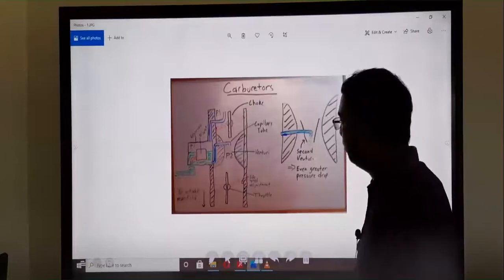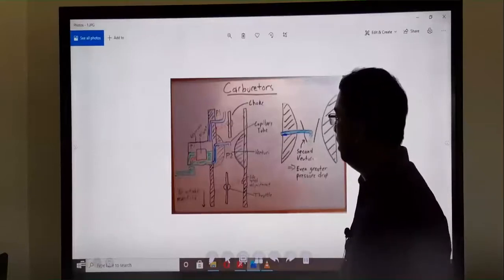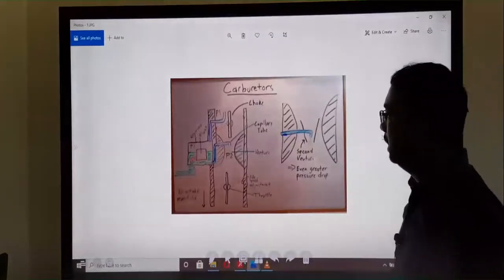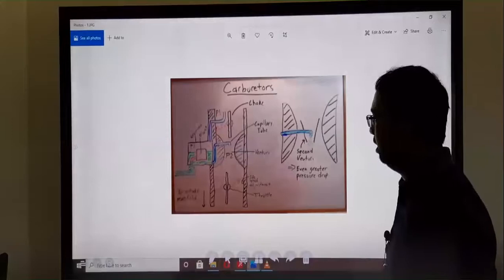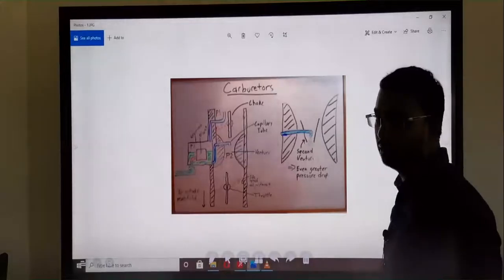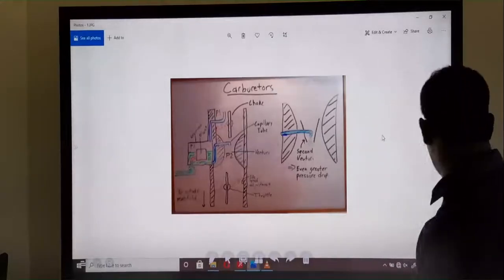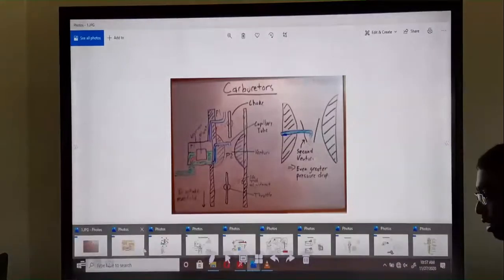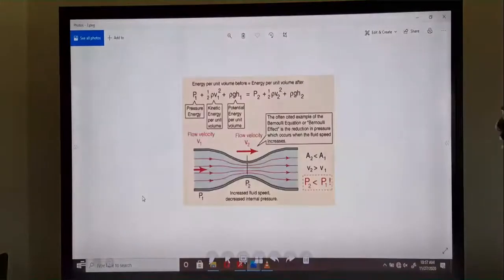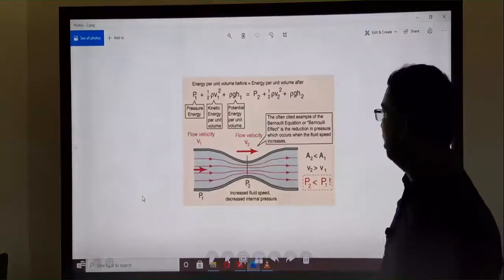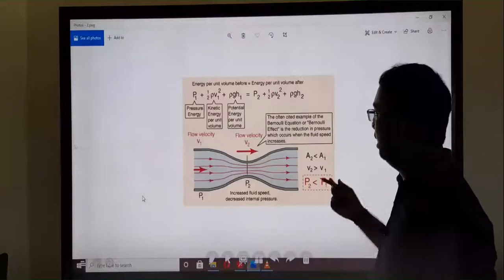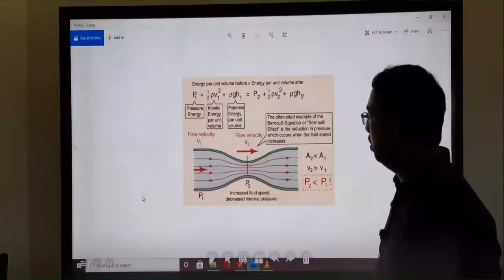Normally these types of carburetors work under Bernoulli's law. First let's look at Bernoulli's law. I won't explain it in detail because you already studied it in school.